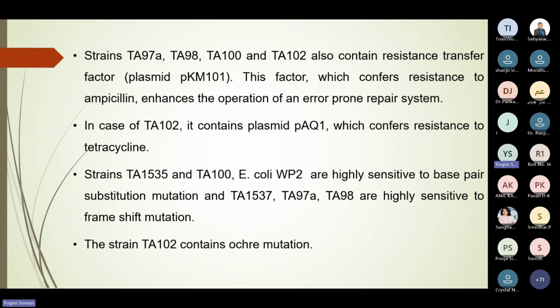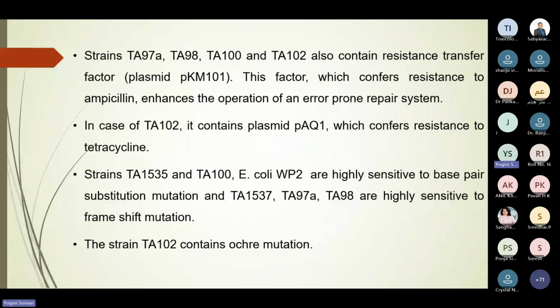Then the next is the tester strains TA98, TA100, TA102, TA97A. They contain a resistance transfer factor, that is plasmid pKM101. This factor confers resistance to ampicillin, which enhances the operation of the error-prone repair system. In case of TA102, it contains plasmid pAQ1, which confers resistance to tetracycline.